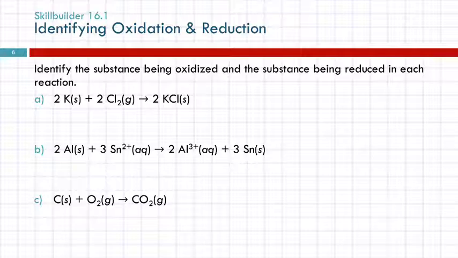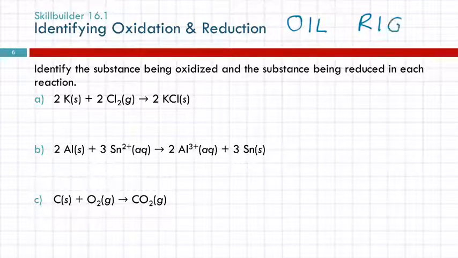Okay, identifying oxidation and reduction. Identify the substance being oxidized and the substance being reduced. So let's remember OIL RIG. The substance being oxidized, oxidation is loss of electrons. That's the thing that's losing electrons. So we look at this and it doesn't look like much of anything's happening. This is an ionic compound. Let's write those ions. This is K plus and Cl minus.